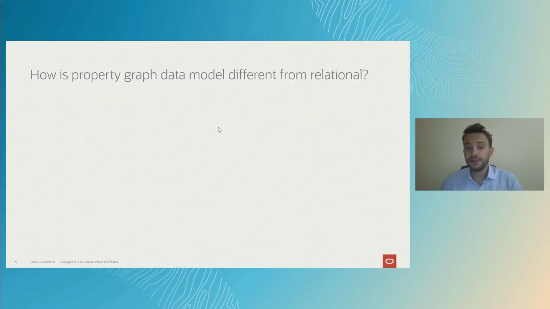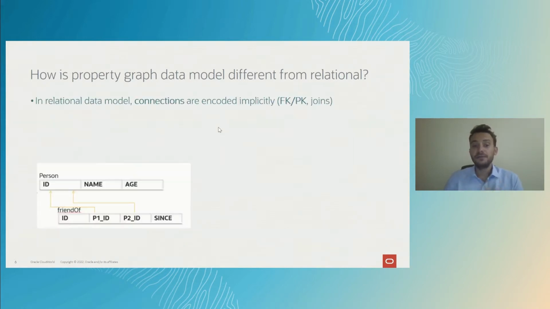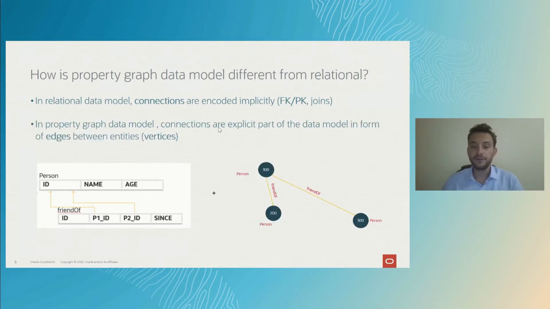But how is the property graph model different than a relational model? Well, in a relational model, connections are encoded implicitly using primary key, foreign key conditions or constraints, while in a graph model, connections are explicit. They are actually part of the data model in the form of edges. By modeling connections as edges in this explicit way, you will see later that this allows us to intuitively find patterns in the graph.